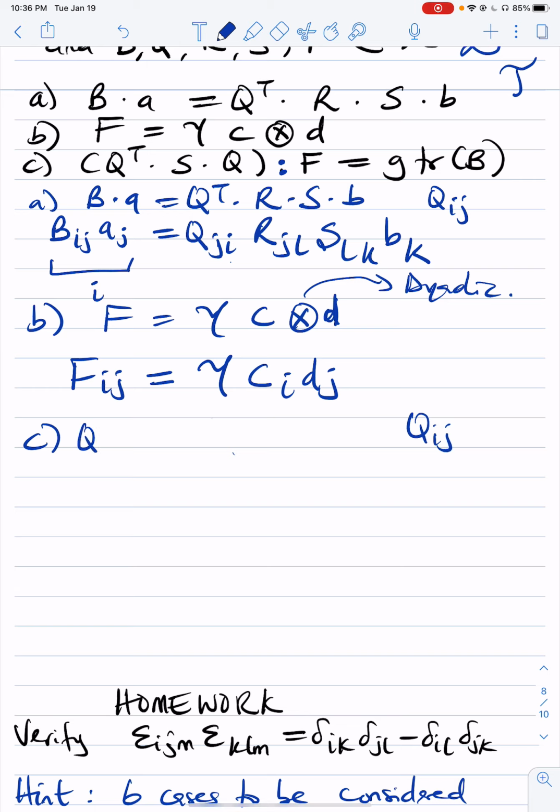So QGI, because it's transpose on C, SGK. The G's are supposed to take care of each other, right? So we have IK, then Q this time. Yeah, there's a Q, right?